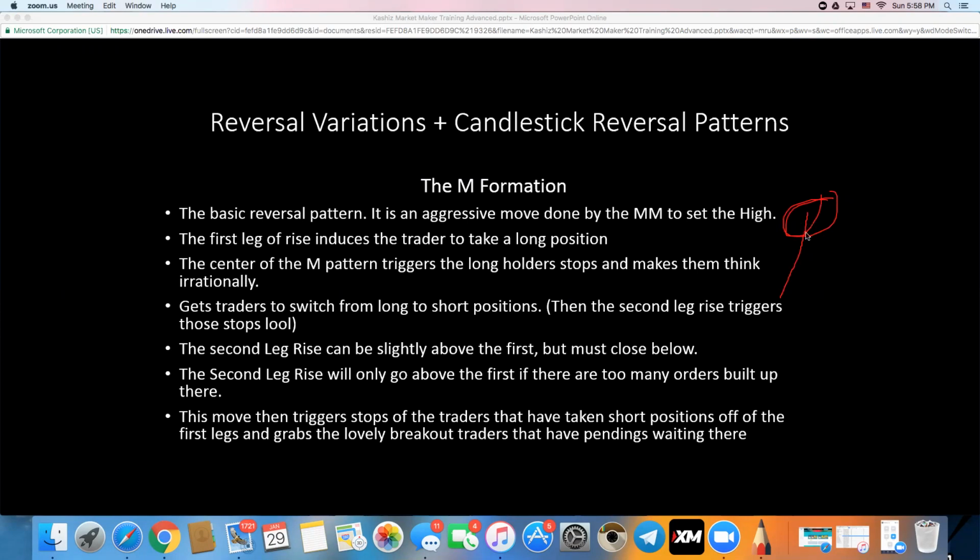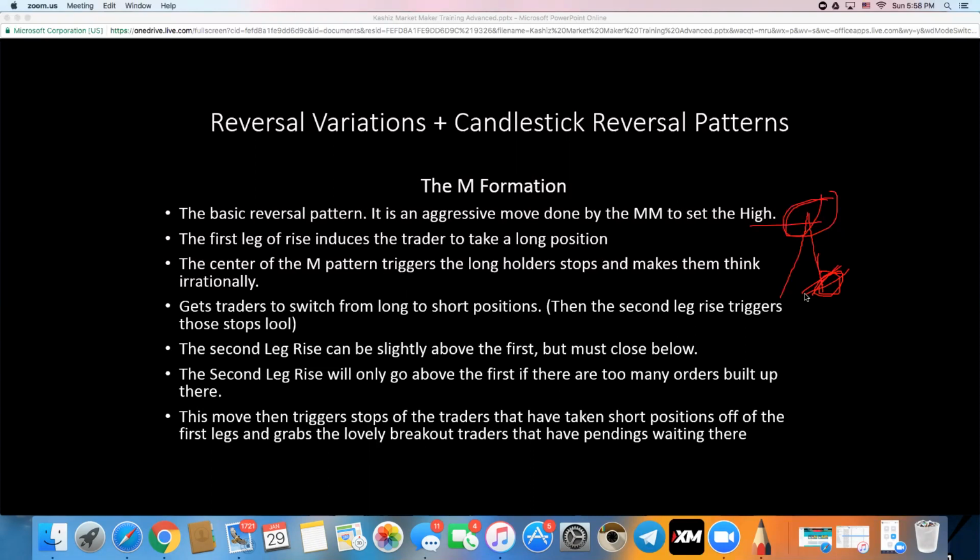If you bought here, worst time possible, this formation, the center of the M, is what stops you out. You're in the long position, this M comes here, hits your stop, and you're out.